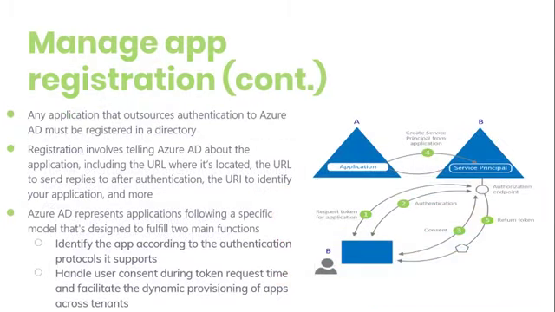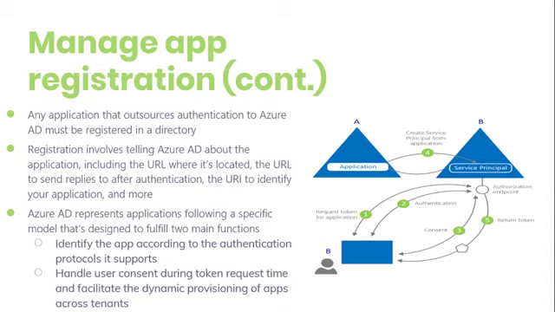Any application that outsources authentication to Azure AD must be registered in a directory. This step involves telling Azure AD about your application, including the URL where it's located, the URL to send replies to after authentication, the URI to identify your application, and more.